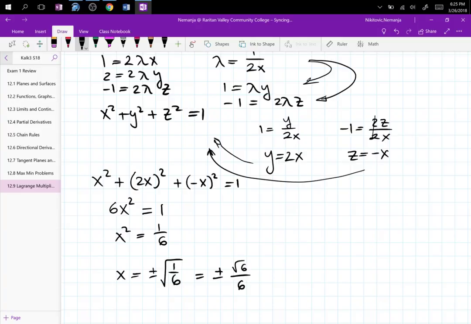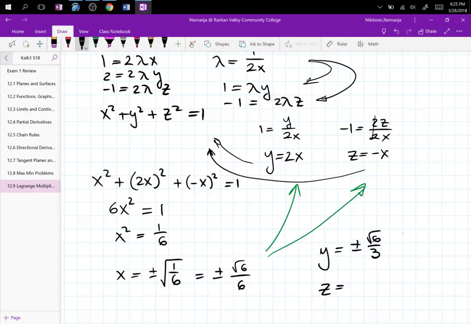So x is plus or minus root 6 over 6, and then we feed that into these equations to get x's and y's and z's. So y would be 2 times this, so it has to be plus or minus root 6 over 3, and z must be just the negative of x, so it's also plus or minus root 6 over 6. I mean, you can do plus, minus, plus, but same thing.